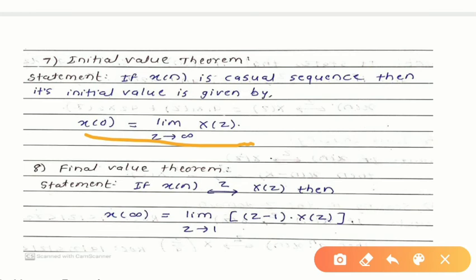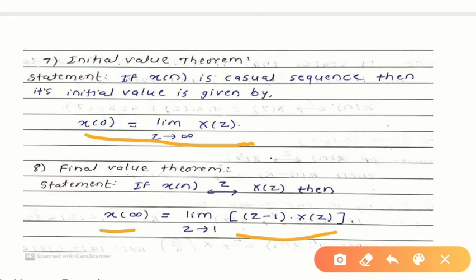For the final value theorem, the statement shows that if x of z is the Z transform of x of n, then x of infinity is equal to limit z tends to 1 of the bracket multiplication of z minus 1 into x of z.